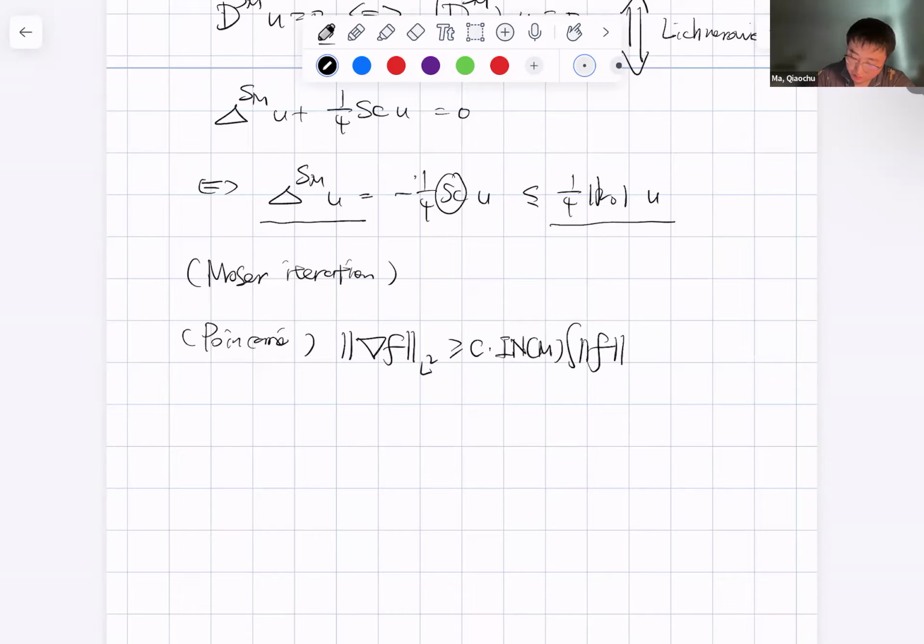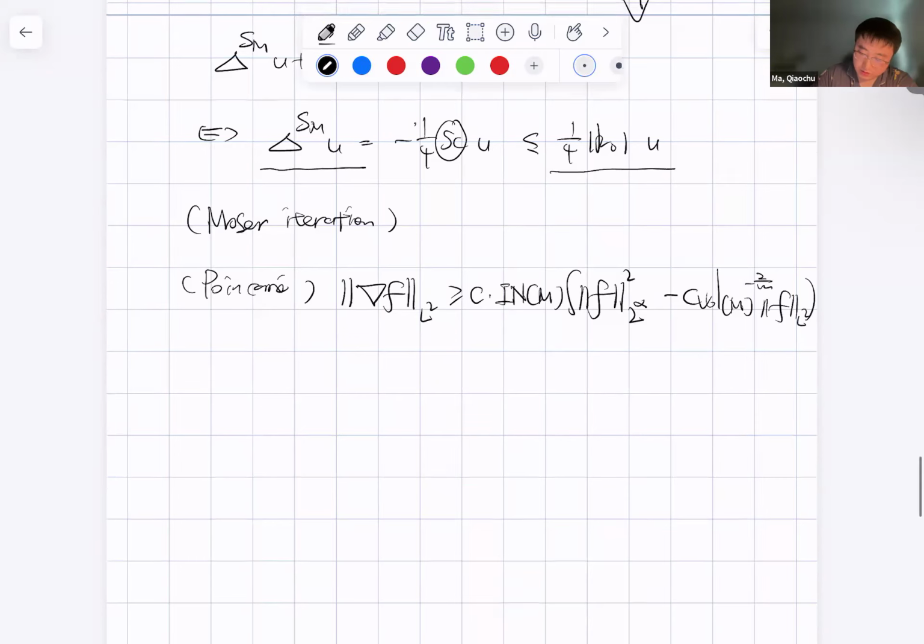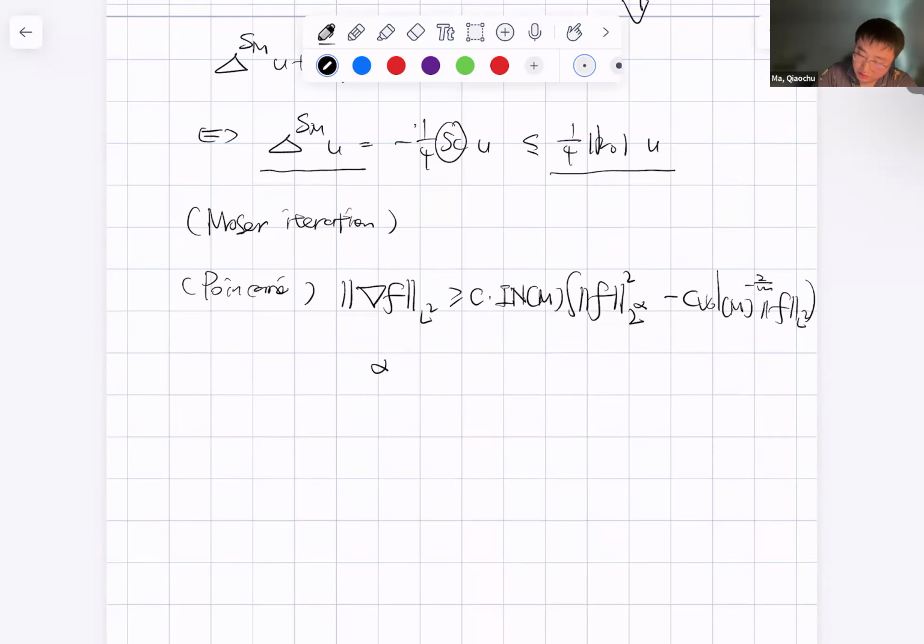The L2 norm of the gradient is greater or equal to a constant C, with the isoperimetric constant, times the L alpha norm of f. We shall use this inequality where alpha is given by 2m over n minus 2.